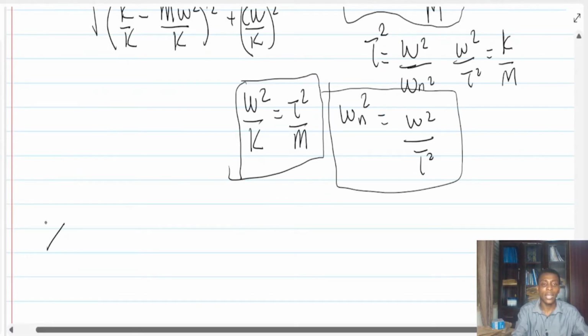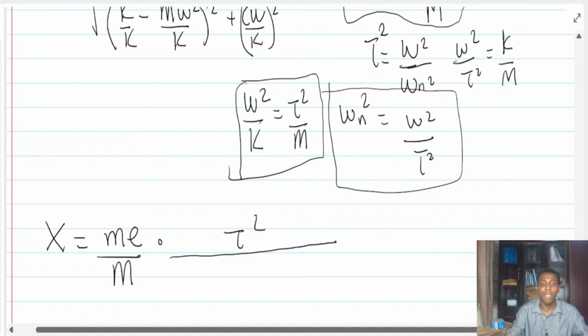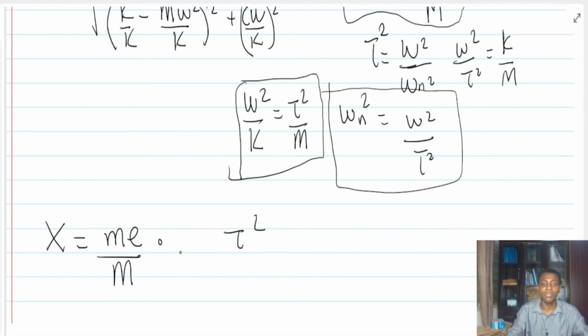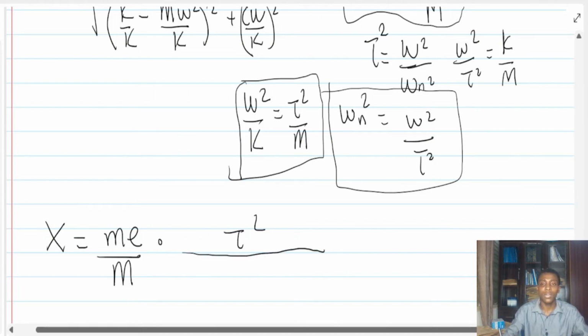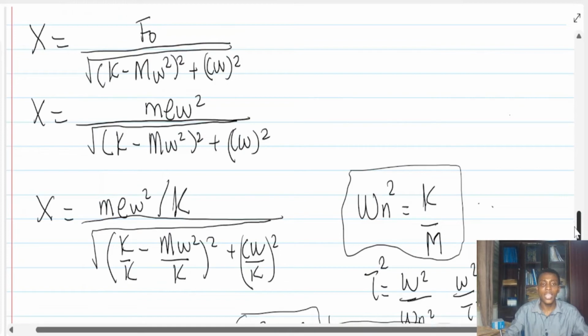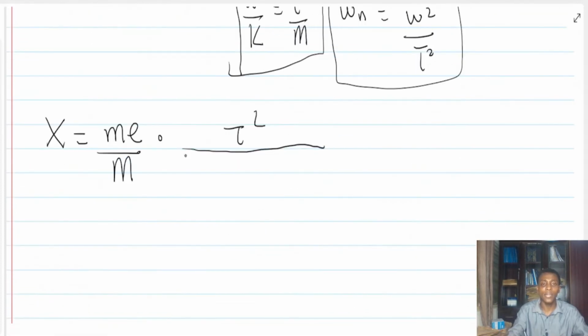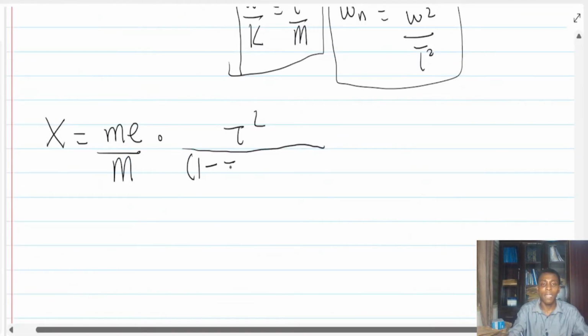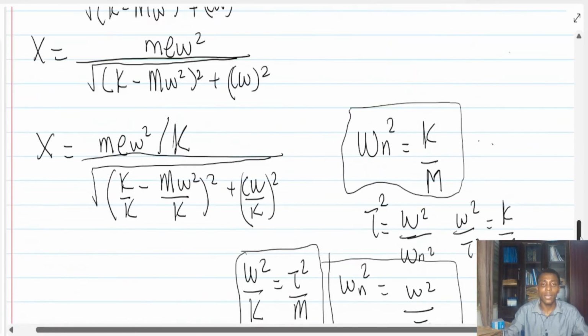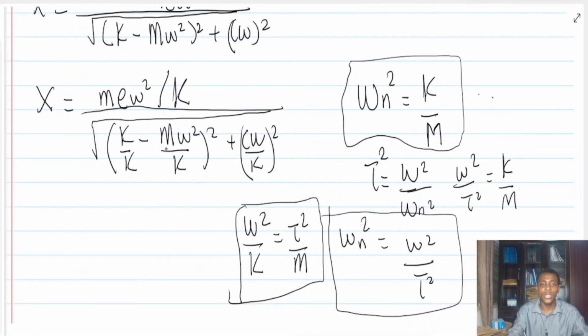So I can say that my amplitude is ME divided by M. Then I'll multiply it by tau squared, all divided by K. So K divided by K will be 1. And then, we just saw that K over M is omega n squared, right?